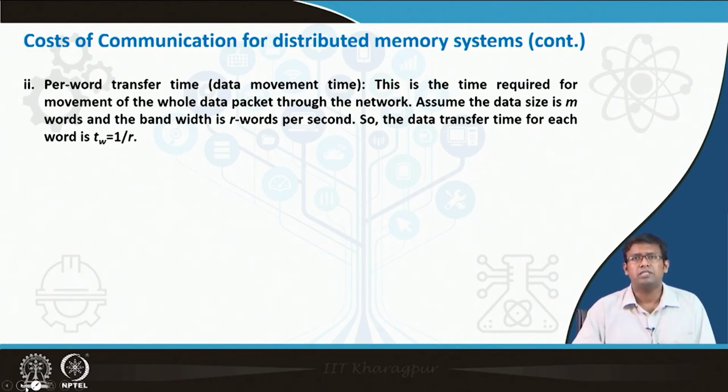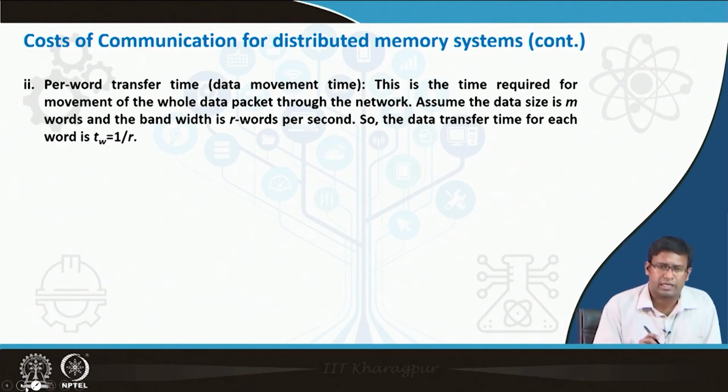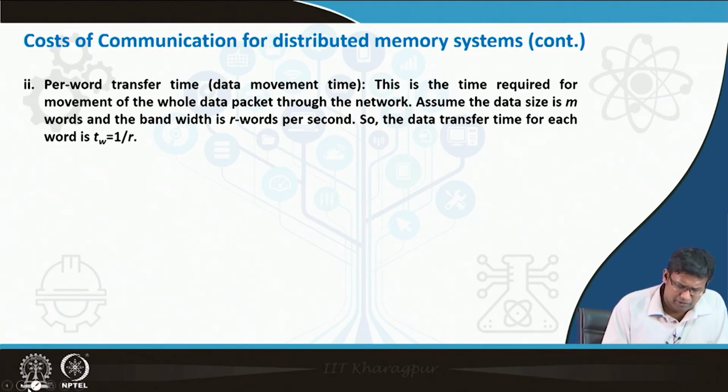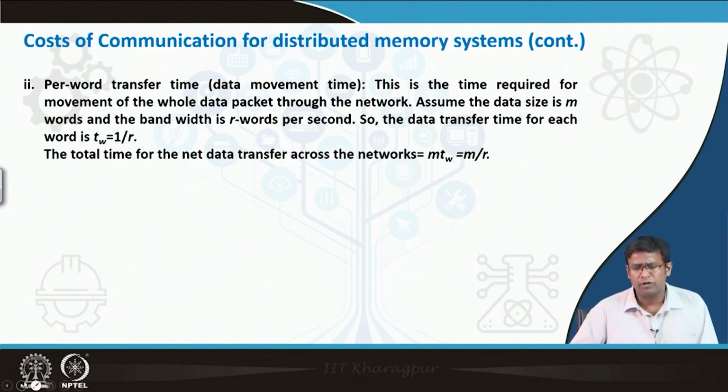If bandwidth is r words per second, then the time to send one word is 1 by r. If r words are going in a second, one word will go in 1 by r second. That is the per word data transfer time, TW, and the total time for the net data transfer, if we have a data size m, will be m into TW or m by r.